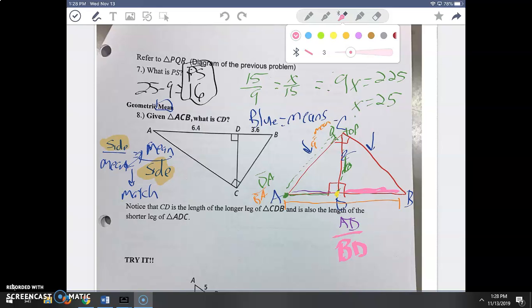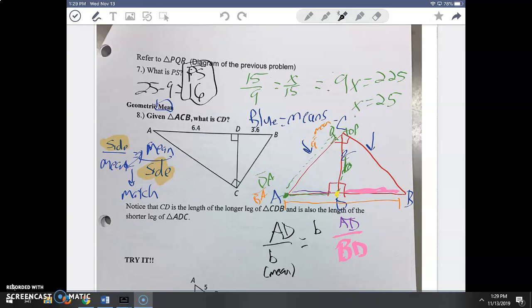So now, if we set this up, remember it's your means, so it'd be side, which would be AD, over your mean, which is B, is equal to B, again that's your mean, over BD.